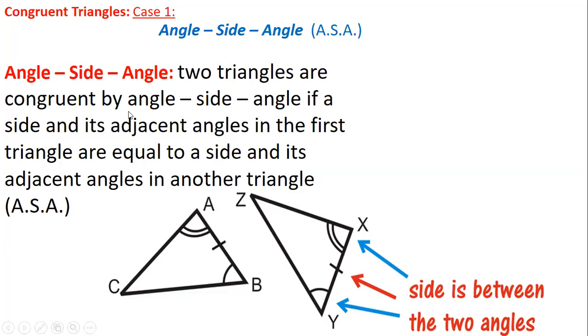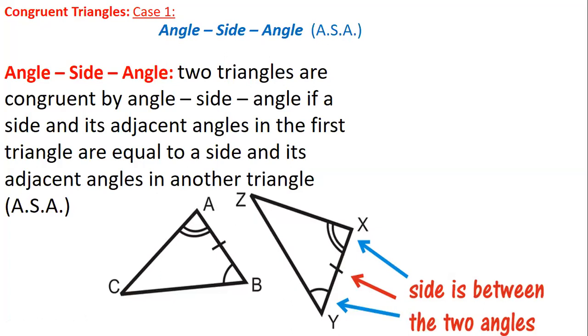Now please, Maya. Yes, miss. Please raise your voice and read Congruent Triangles case 1. Start reading. Angle, side angle. ASA.